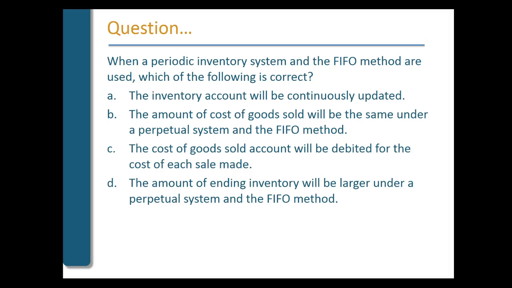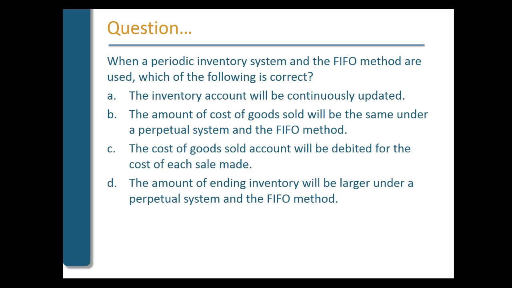So we've got a question here. When a periodic inventory system and the FIFO method are used, which is correct? The inventory account will be continually updated. The amount of cost of goods sold will be the same under a perpetual system and the FIFO method. The cost of goods sold account will be debited for the cost of each sale made.